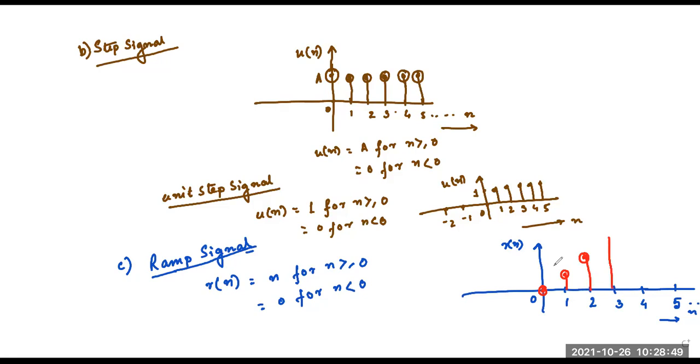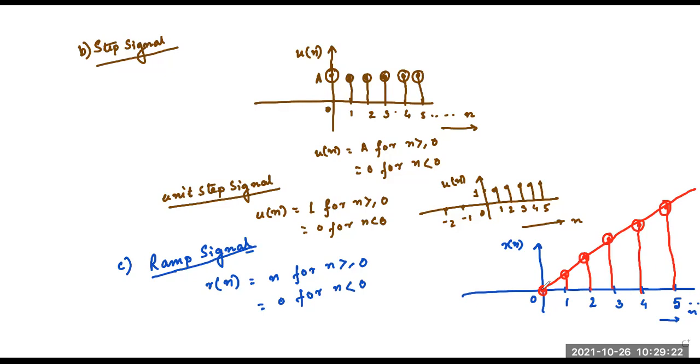So this is all the ramp signal. As the value of n will increase, the size of the ramp will also increase. As the value of n increases, the slope of the ramp will also increase.